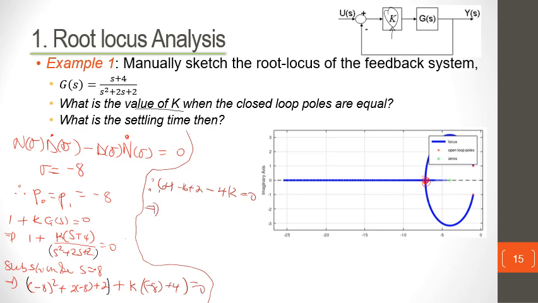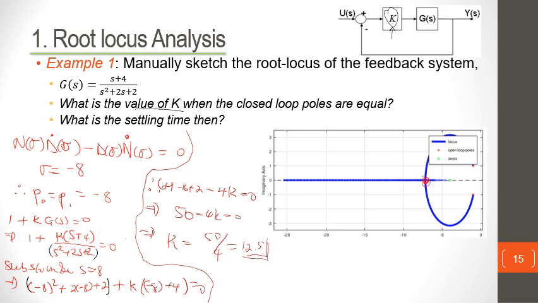Effectively 64 minus 16 plus 2 gives us 50. So 50 minus 4K is equal to 0, which implies that our K is equal to 50 divided by 4, which is equal to 12.5. So this becomes our value of K.